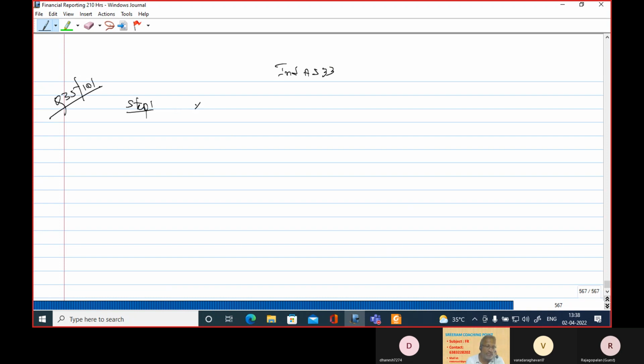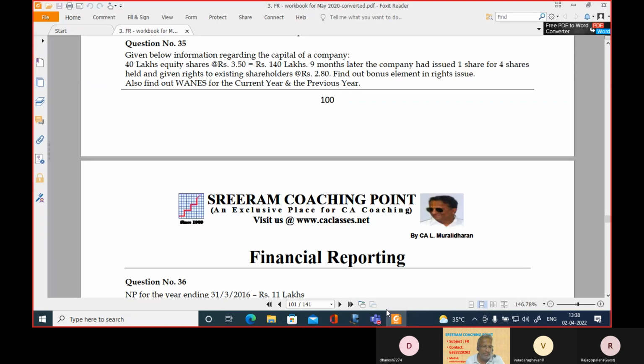Step number 1: x equals m into n plus r into s divided by n plus r. So 4 shares are eligible for 1 rights share.